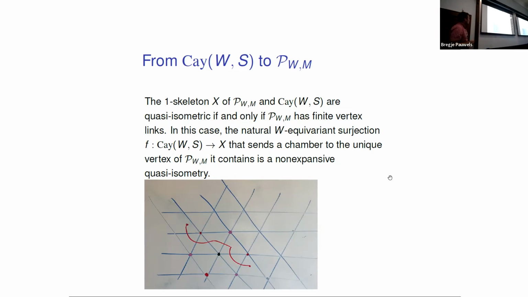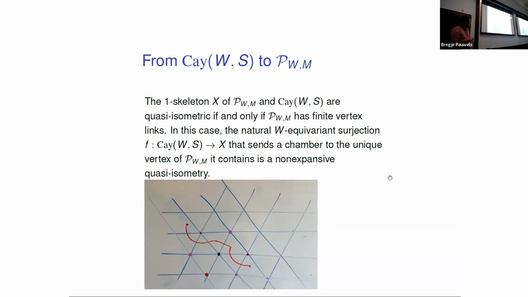So why are these quasi-isometric? I illustrated it here with an example. So the Cayley graph here will be the dual of this Coxeter complex. So you take the midpoints of the triangles. And suppose I want to go from this one to that one. Then in the Cayley graph, I'll have to do a walk like this. And in the polytope, you can't see it, but these are like purple.